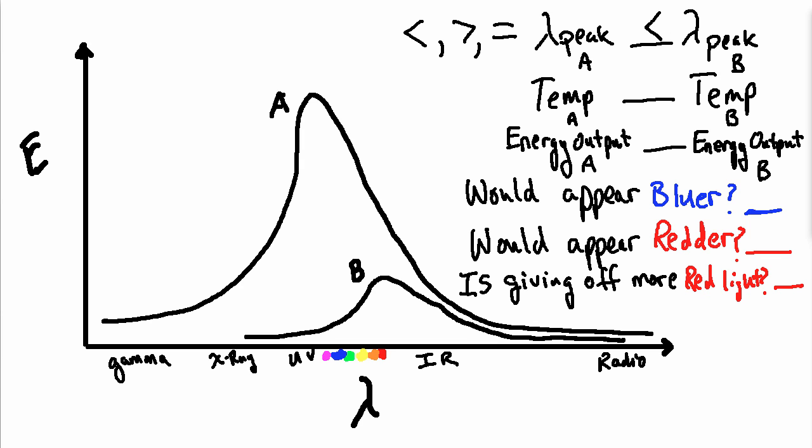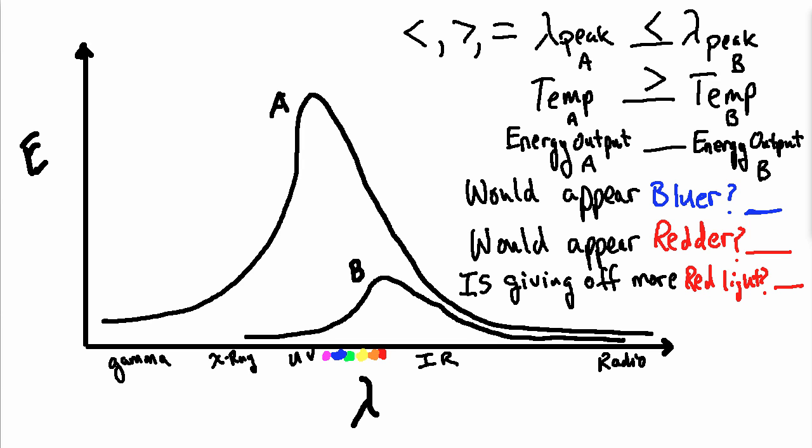In terms of temperature, we have to think about the rule that we've developed, which is objects which give off or peak at short wavelengths of light are much hotter than objects that give off mostly long wavelength light. So since the peak for A is at shorter, higher energy photons, we'll say that that object is much hotter than object B, which peaks and gives off mostly low energy photons.